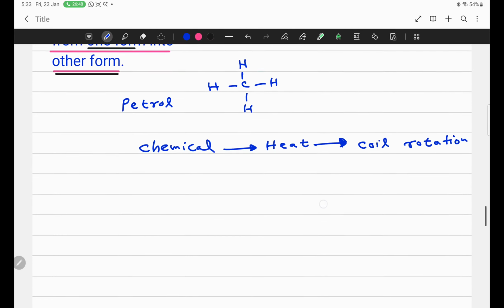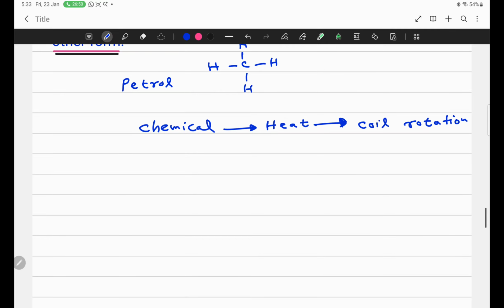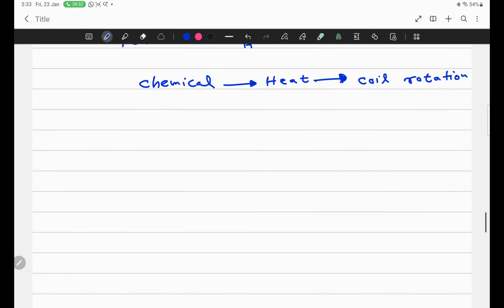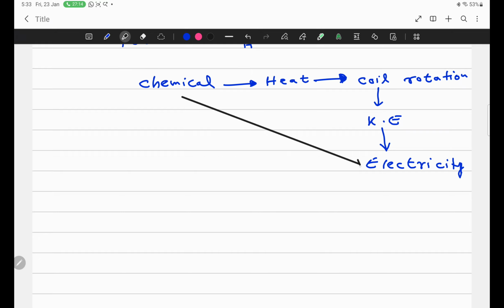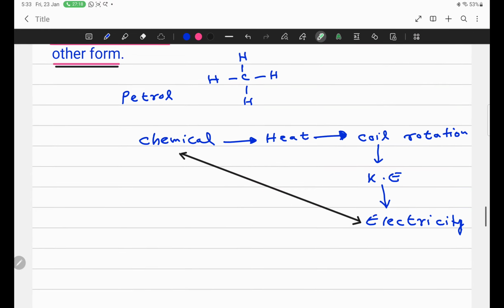Just like an engine turns the wheel of a car, in the same way, the engine turns the coil between the poles of the magnet. And when the coil rotates, the kinetic energy of the coil converts into electrical energy. So we are not producing electricity. Actually, we are converting one form of energy into the other form of energy.